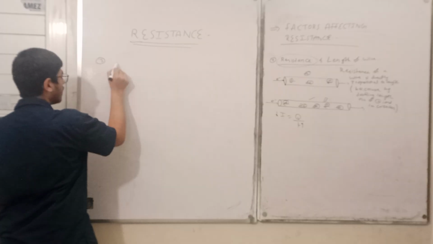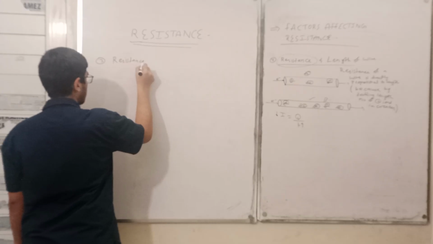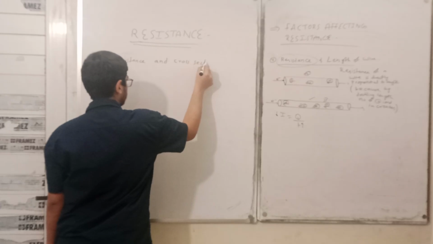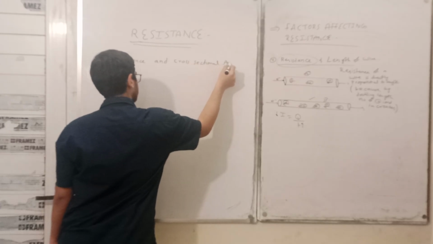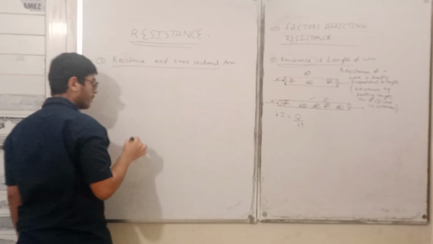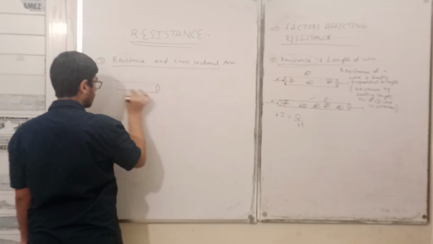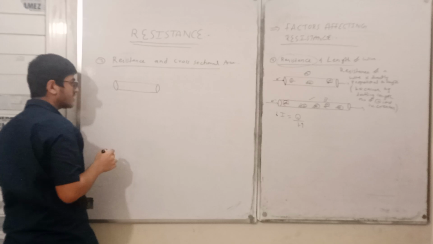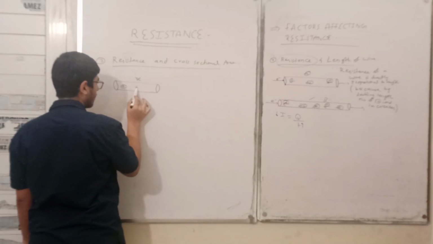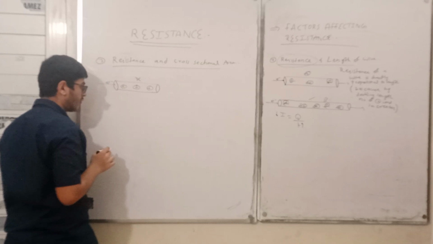The third factor is resistance and cross sectional area. Suppose this is metal conductor X, which has these positive ions, and at a time one electron can flow.